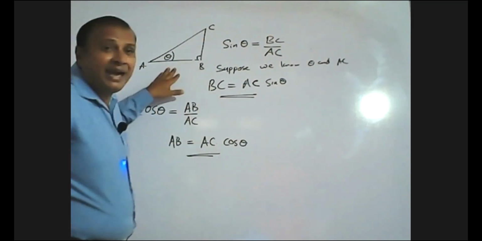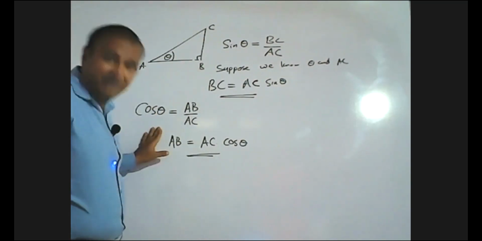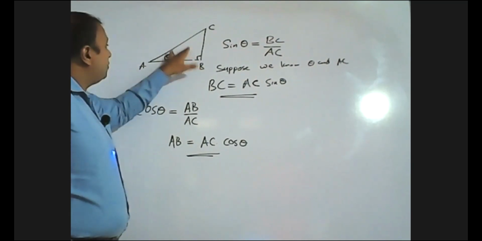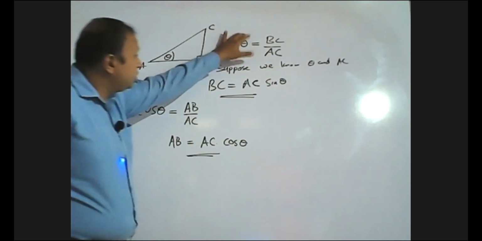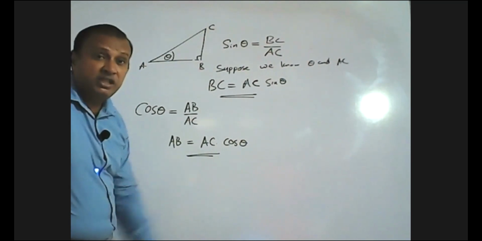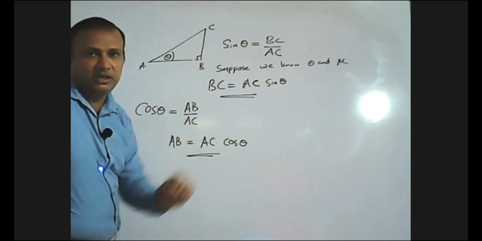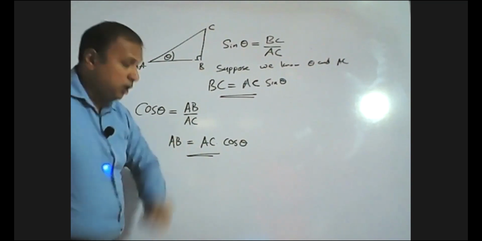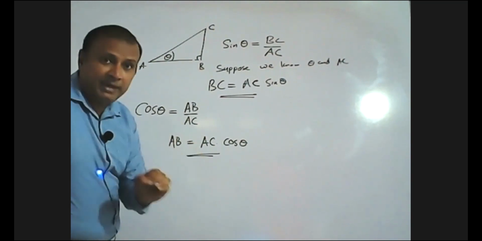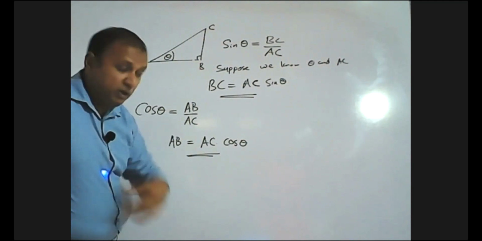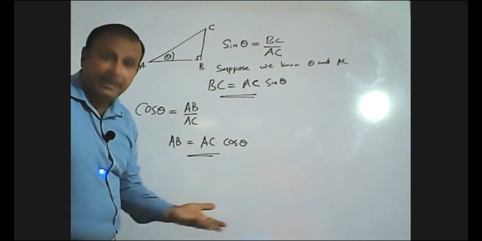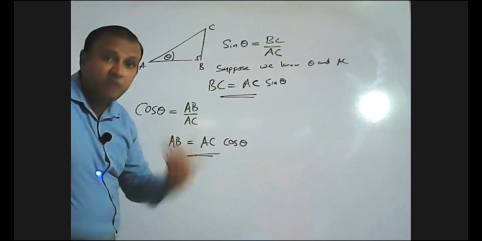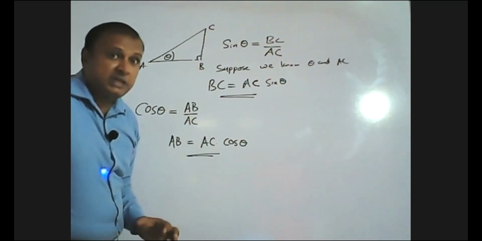If you want to find the adjacent side, you can use the cos theta definition. If you want to find the opposite side, then you can use the sin theta definition. These are very, very important relationships, because when we are doing mechanics, we need to find some lengths and the magnitude of vectors.